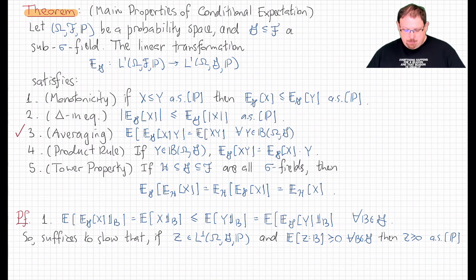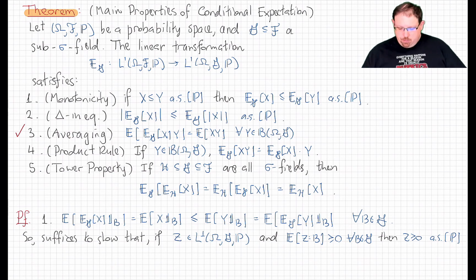And then finally we have the tower property, which mirrors exactly the tower property for orthogonal projections, and for good reason. If I have two sub-sigma fields, H contained in G contained in F, then if I take the conditional expectation onto the small one followed by the conditional expectation onto the big one, or in the other order, either way, all I'm doing is the conditional expectation onto the small one.